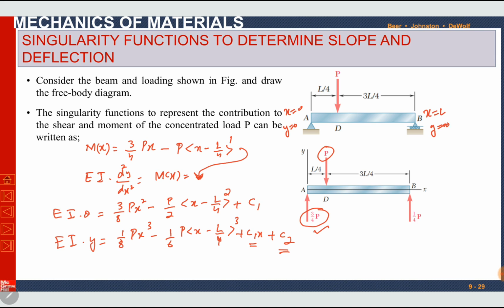Using these 2 boundary conditions, we can find C1 and C2. But remember that anything between these brackets will be equal to 0 if x minus a is negative, so we will neglect the whole term in that case.